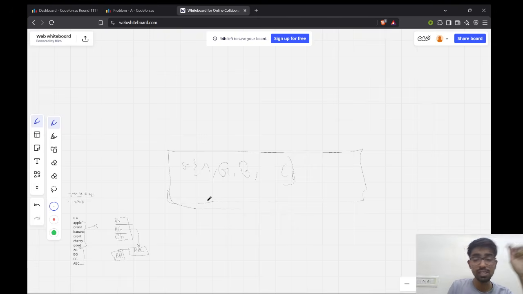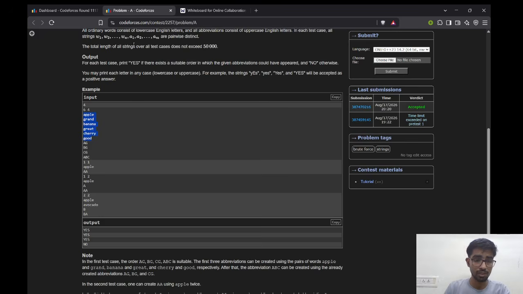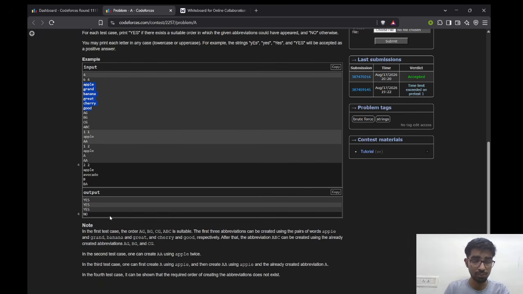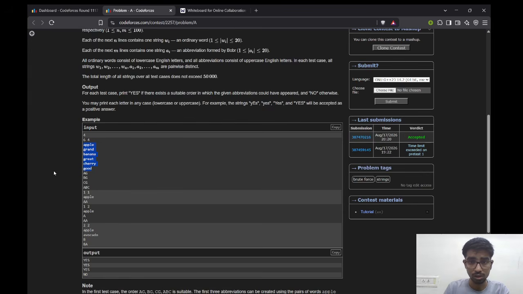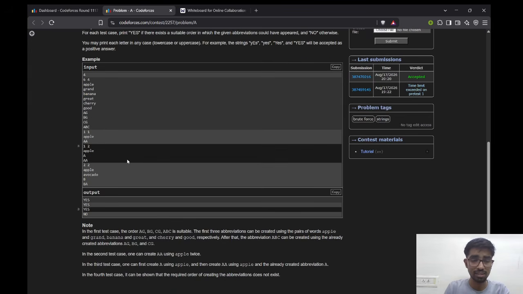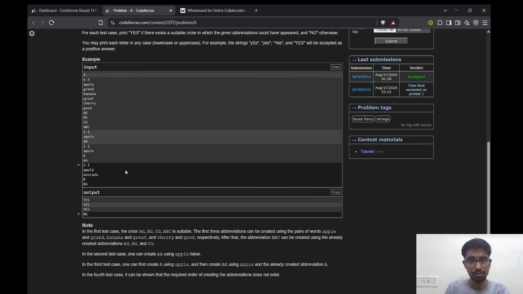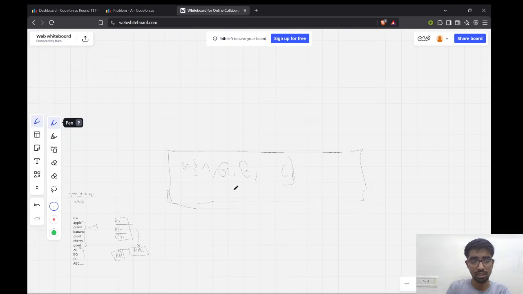And even if a single letter is not present in the set S, then what will we be printing? We will be printing no, because our abbreviation could not be made if the letters are absent in the set, right?